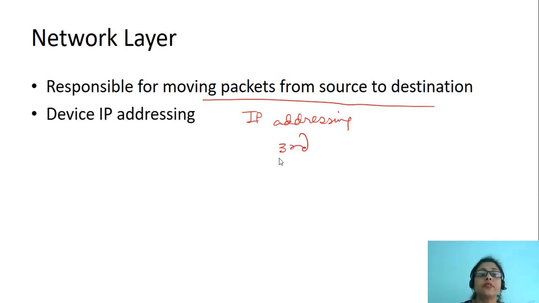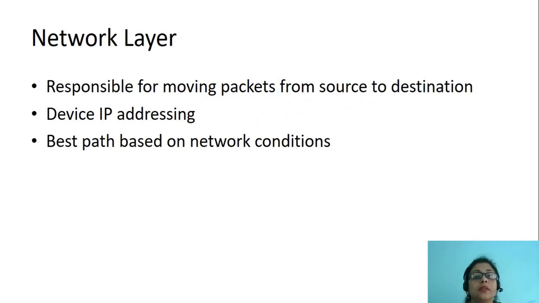Device IP addressing is mainly done based on whether we are using IP version 4 or IP version 6. Best path selection based on the network conditions is also done here. So basically it also takes care of the routing techniques for passing the data through the nodes of the network.